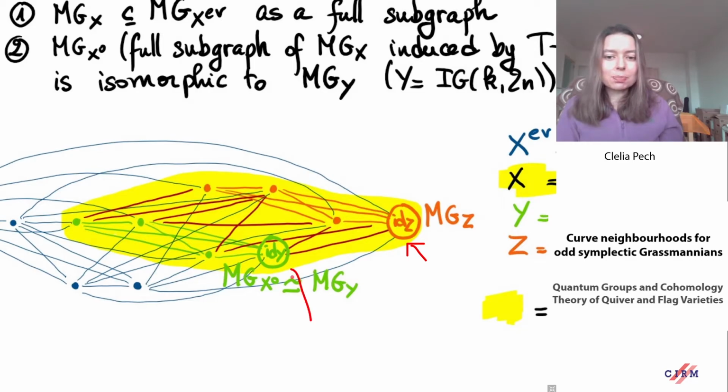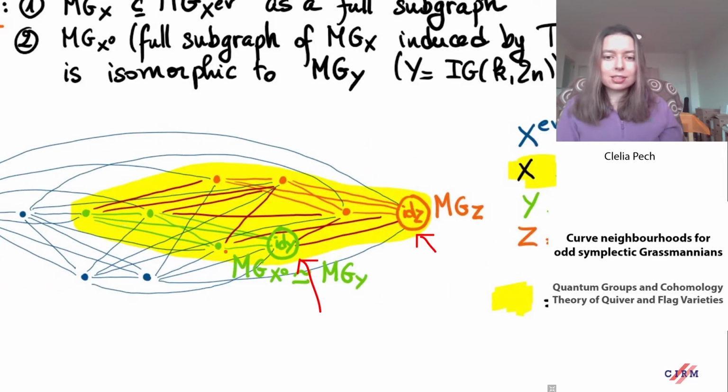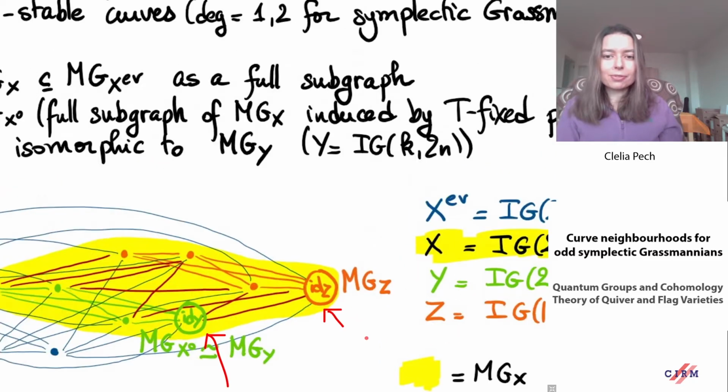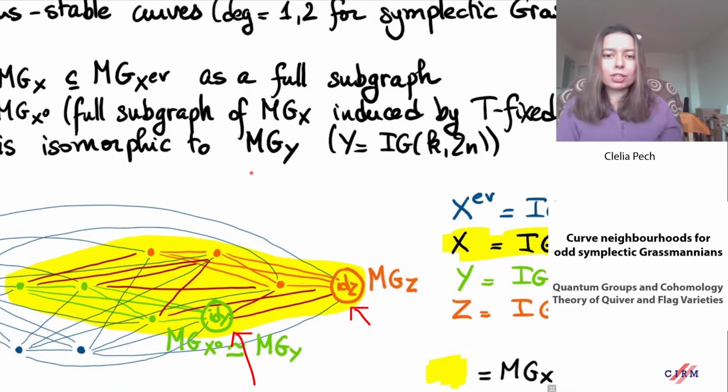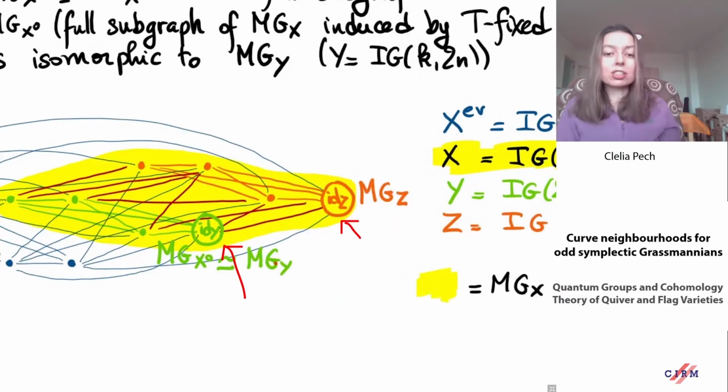And here I have this vertex, which corresponds to the Schubert point in Y. I said this green graph is isomorphic to the moment graph of Y, and Y is a symplectic Grassmannian, so I have a Schubert point here.